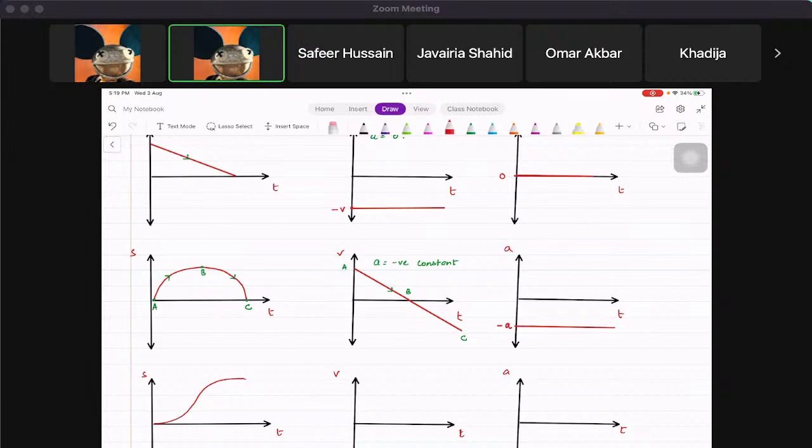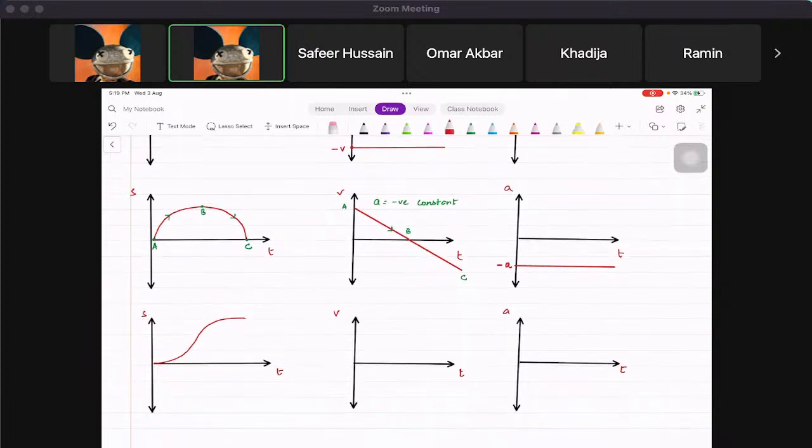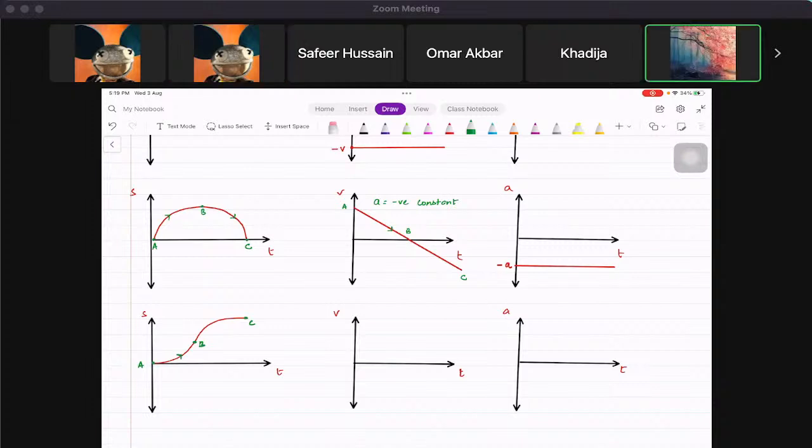Alright, now in the next graph, again, because there are two major changes happening, we need to make sections. So A, B and C. From A to B, you see the velocity is positive and it is increasing, right?